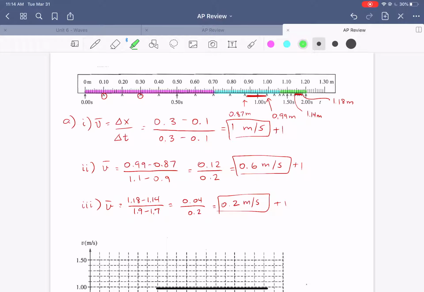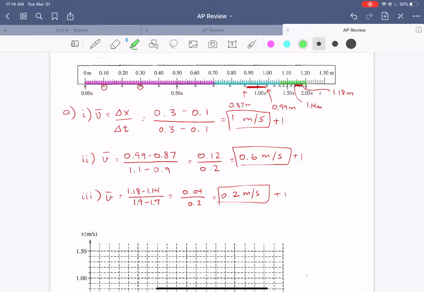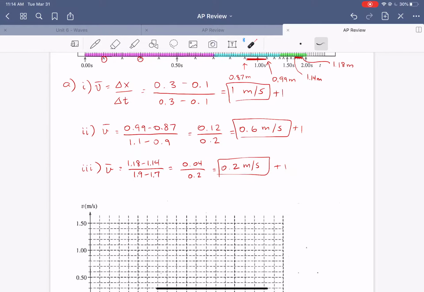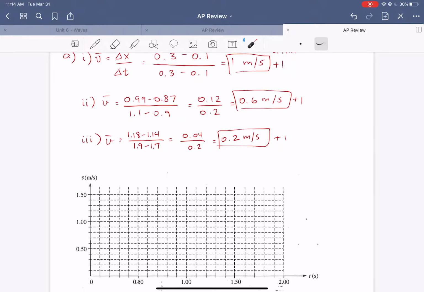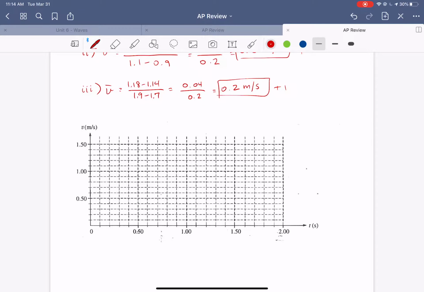We have a large constant initial speed, and then a period of deceleration, and then a roughly constant final speed. So we already calculated the initial and final speeds here and here. So those are 1 meter per second and 0.2 meters per second. So we can fill those in for the intervals that I highlighted up above.